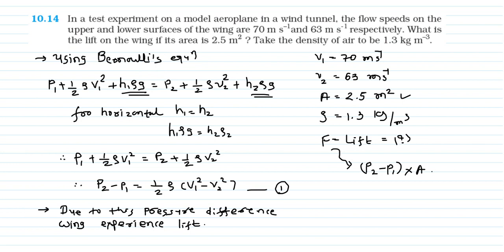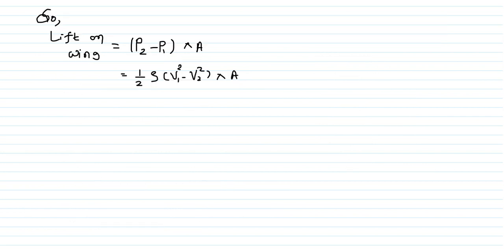Okay, area is given as 2.5 meter square. That is 1 by 2. Okay, what is the rho? 1.3. V1 square, 70 square minus 63 square, into 2.5.